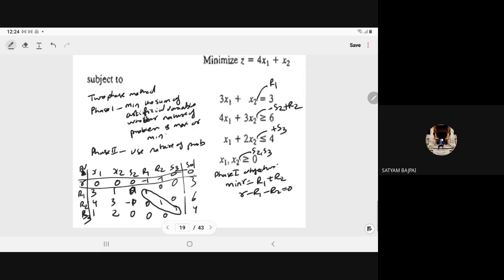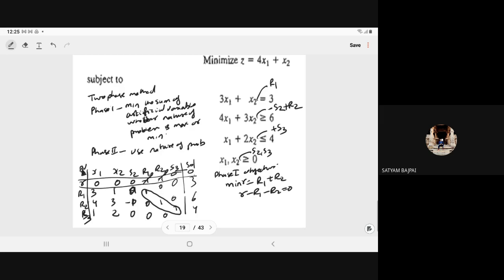Clear this part? Since r1, r2, s3 are basic variables, we have to make these entries 0 by the appropriate Gauss-Jordan row operation.